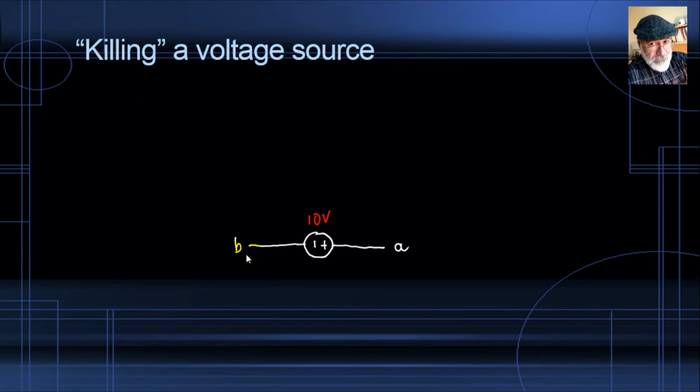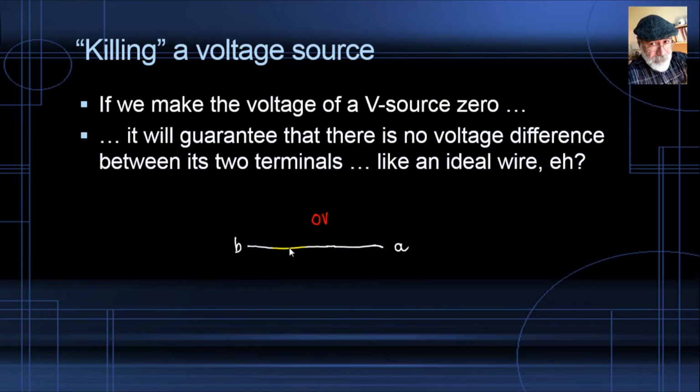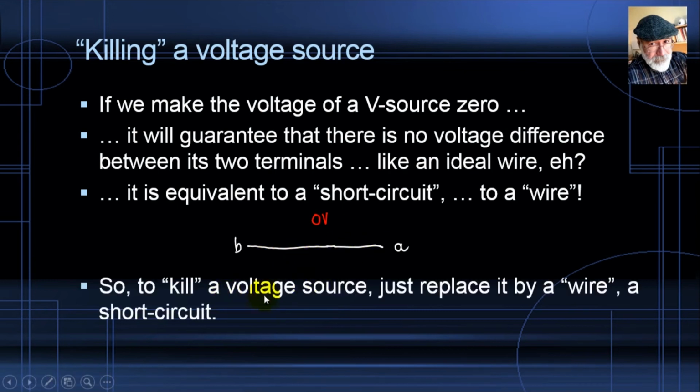If we make that source 0, like this, now the source guarantees that whatever happens, there is no voltage difference between A and B. Pretty much like a wire between B and A. A fancy word engineers use for a wire like that is a short circuit between B and A. So to kill a voltage source, we replace it by a wire, a short circuit.